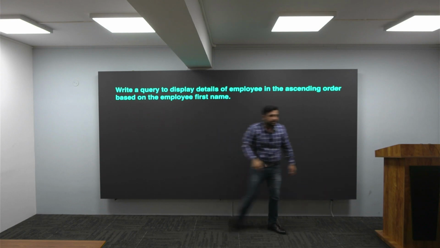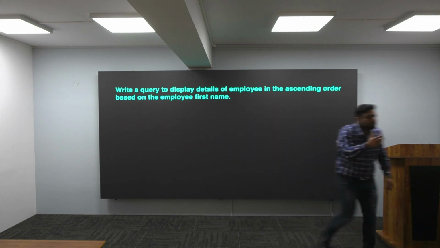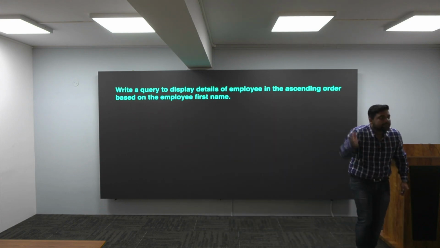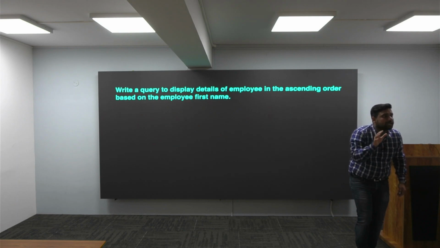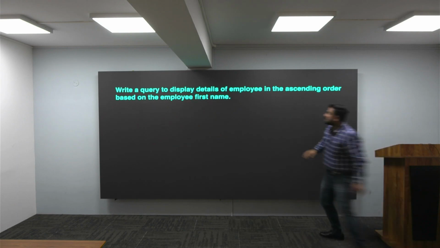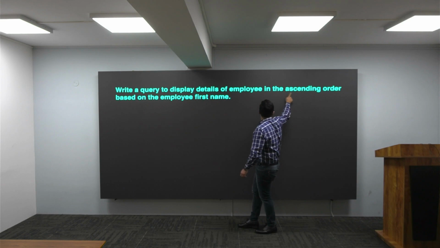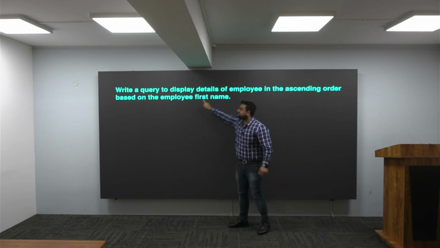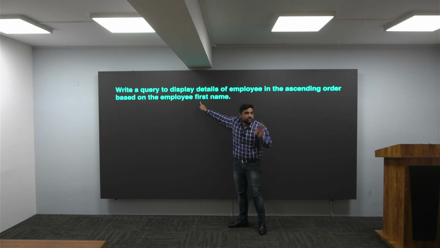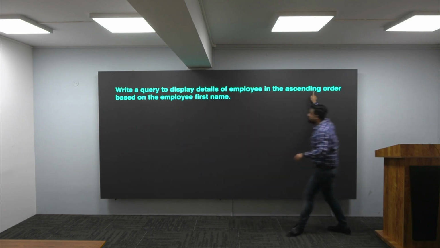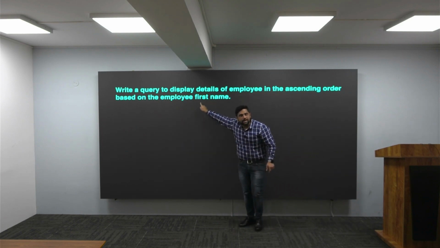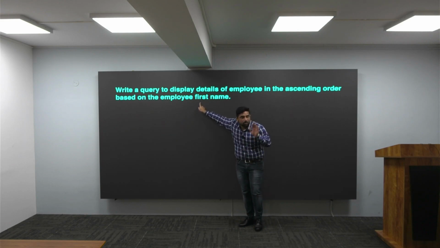They are asking, please display the details of employee, and whenever you are displaying the details of employee, you have to sort in ascending order based on their first name. So we have to perform sorting in ascending order based on the employee first name. Did you get this question? And how to solve the query? Please focus here.